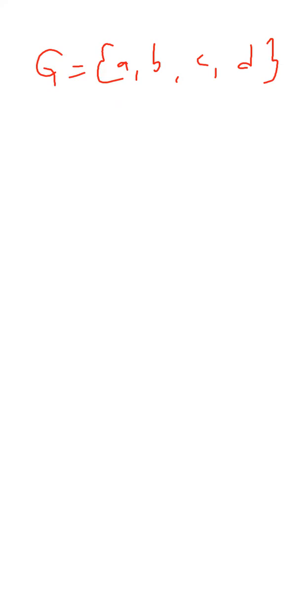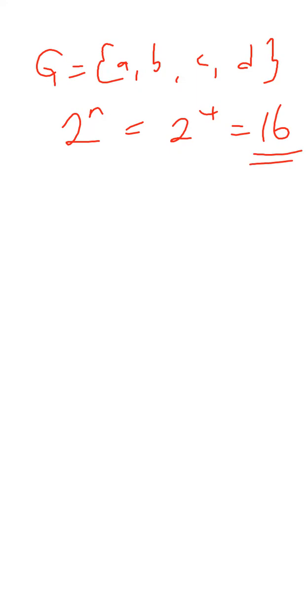Then the number of subsets you can get in this set G is 2 raised to power n, where n is the number of elements in that set. So in this case, the number of subsets will be 2 raised to power 4, and that's equal to 16 subsets. So I'm going to get 16 subsets from this set.